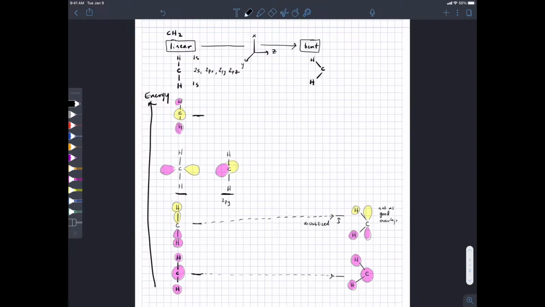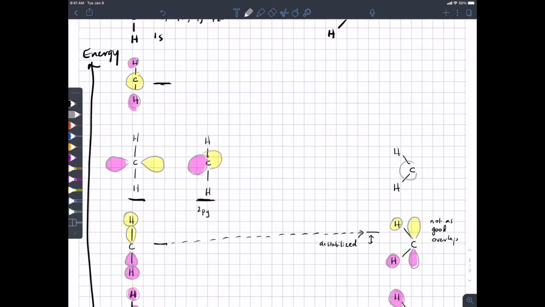And when we go from linear to bent, those hydrogens stay in the plane of the page, and so there can still be no orbital on them. So actually the energy of that 2py orbital is unperturbed by the geometric distortion. It just sort of stays as it is. That makes sense? We're not introducing any new orbital overlap.